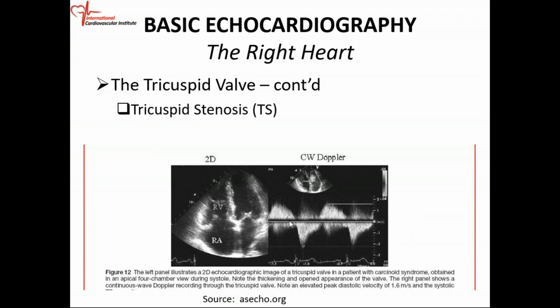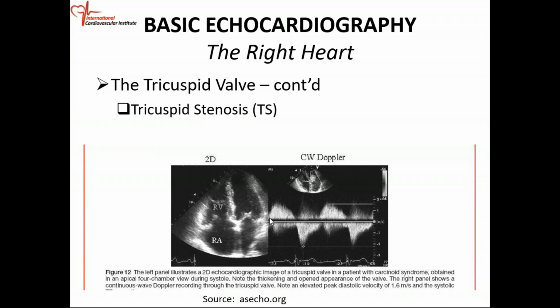And if you look at your Doppler right there, you can see that there is a diastolic signal, and then there's also a systolic signal. This diastolic signal is your tricuspid inflow.